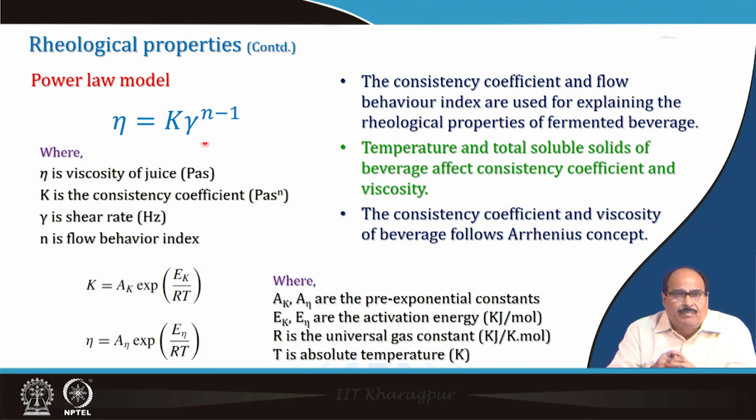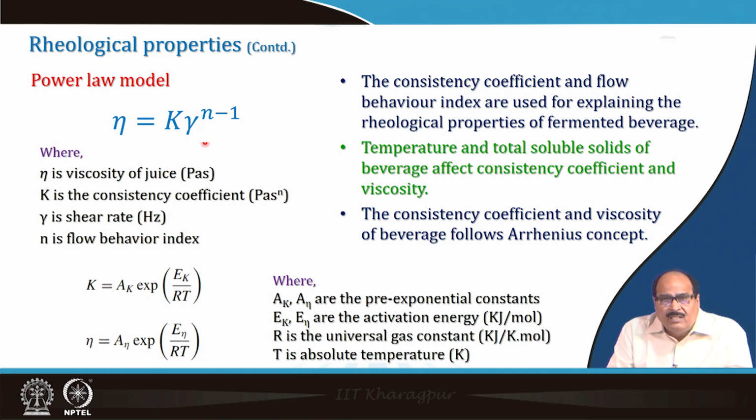Eta is the viscosity of the juice, K is the consistency coefficient, gamma is the shear rate, and n is the flow behavior index. So, the consistency coefficient and flow behavior index are used for explaining the rheological properties of fermented beverages. Temperature and total soluble solids of the beverage affect the consistency coefficient and viscosity.